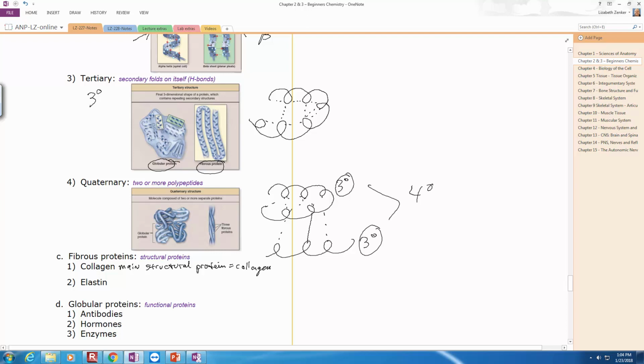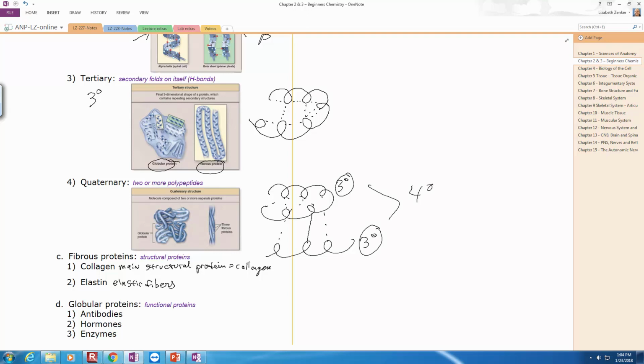And what do you think it is with elastin? Elastin, it's elastic fibers. So basically, with collagen, the main fibrous protein is collagen. Elastin is a protein that's part of the flexible elastic fibers.